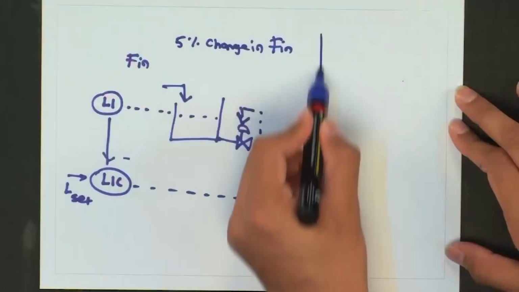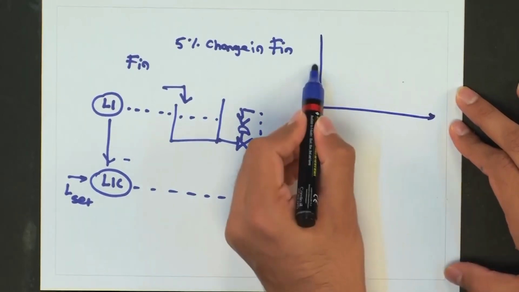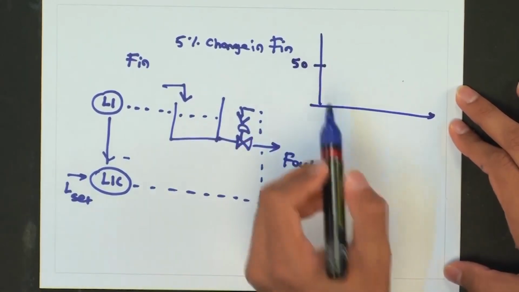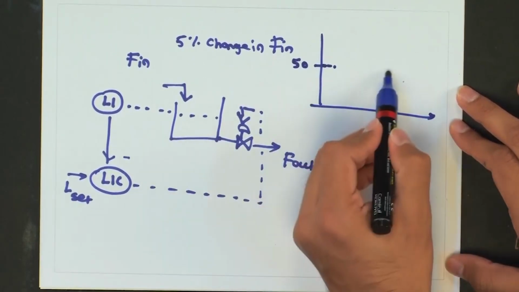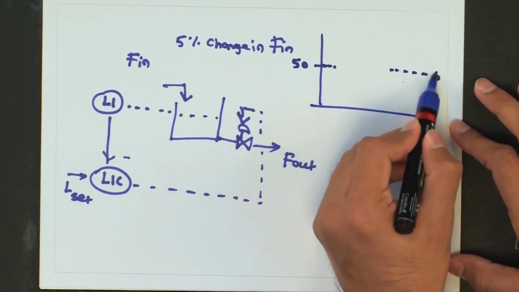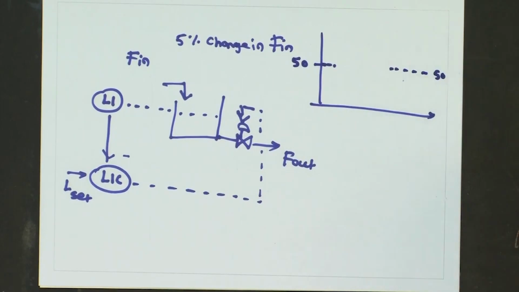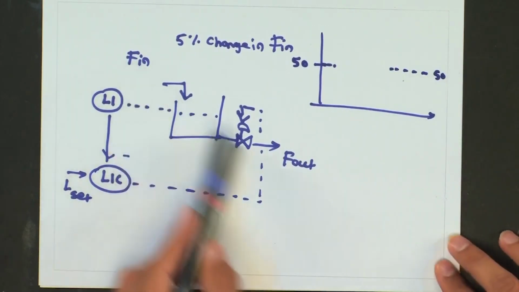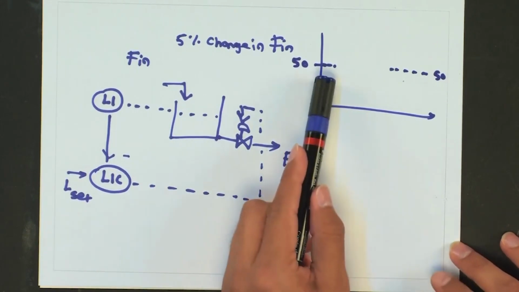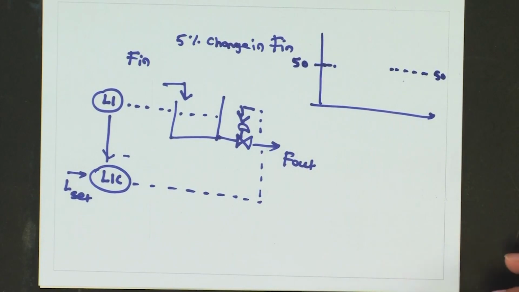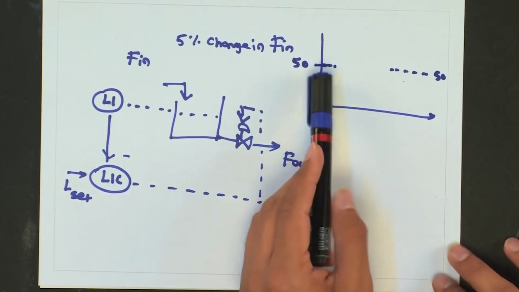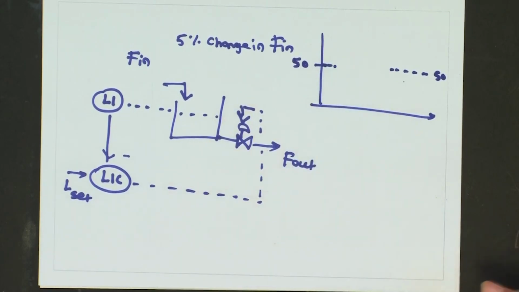So we had started with the level being 50%, there was some disturbance and eventually the level was still 50%. In terms of steady state, F in was equal to F out in the beginning as well as in the end. But based on the steady state modeling, can you tell me whether the height was always 50%?